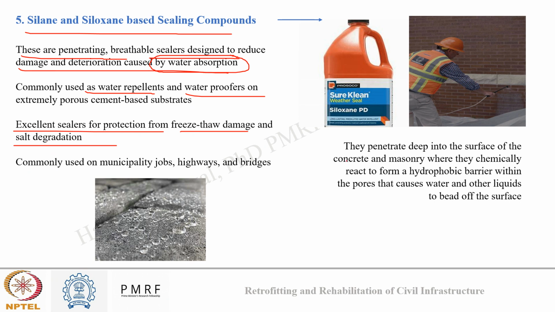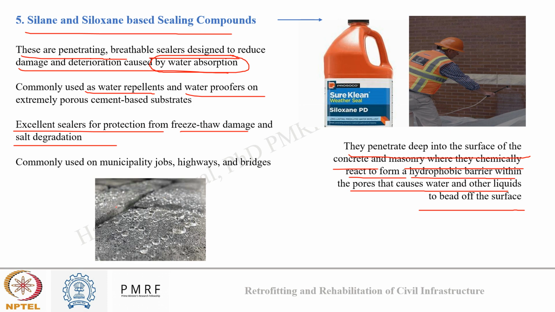Now, how do they act? They penetrate deep into the surface of concrete and masonry, and they chemically react to form a hydrophobic barrier within the pores, which causes water and other liquid to bead off the surface. So when I am applying these siloxane and silane based sealing compounds, they will form a hydrophobic coating on the surface of the concrete, or they will block the pores or the cracks of the concrete in such a way that water won't be able to penetrate.